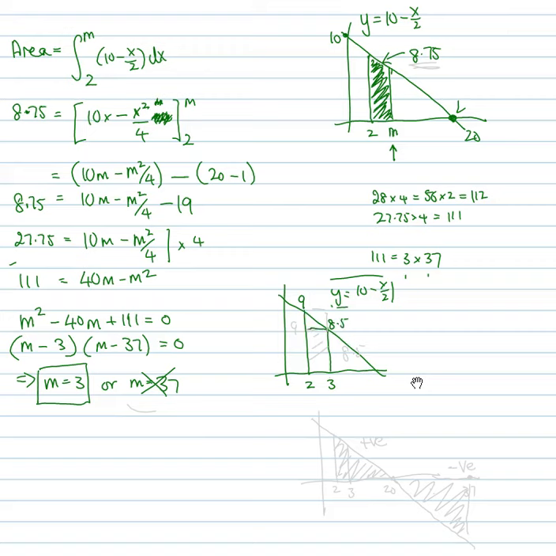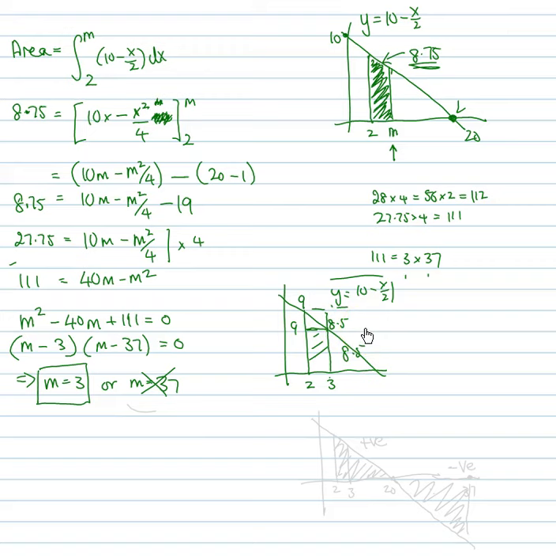So this rectangle here is 1 times 8.5, so that's 8.5. The big rectangle here is 1 times 9, which is 9. The area we were told originally is 8.75, so it's between 8.5 and 9. So I'm 99% sure that m equals 3 is the right answer.